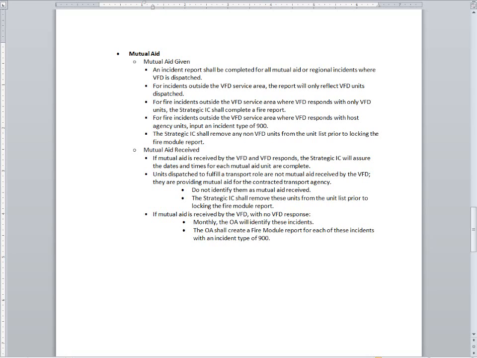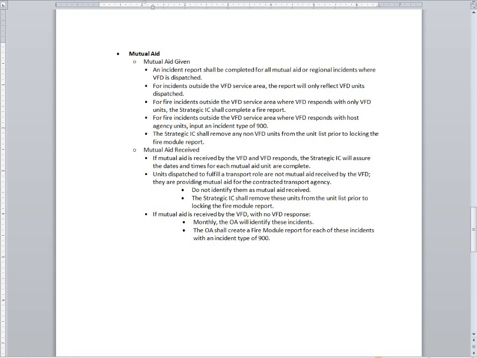And that's very important. We should not be selecting mutual aid received when Camas comes into our area and they're providing aid for the contracted transport agency. So we don't want to identify them as mutual aid received, and the strategic IC shall remove these units from the unit list prior to locking the fire module report.